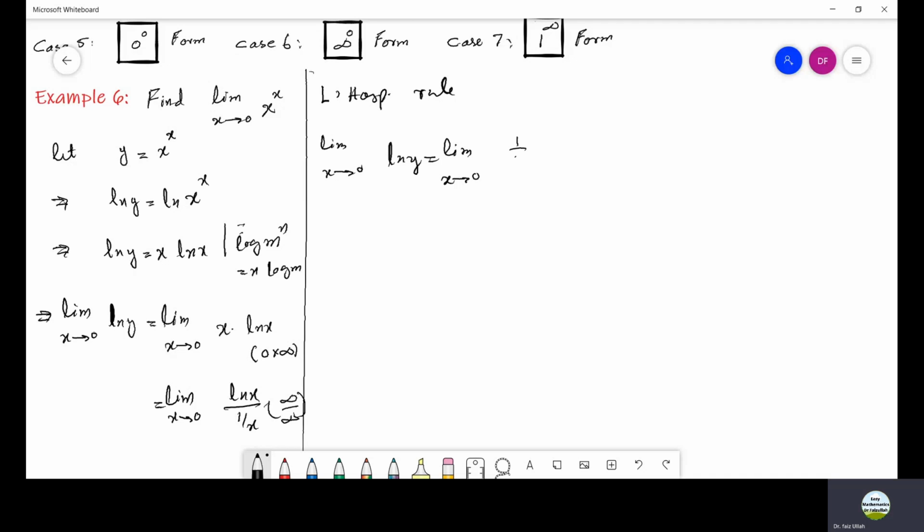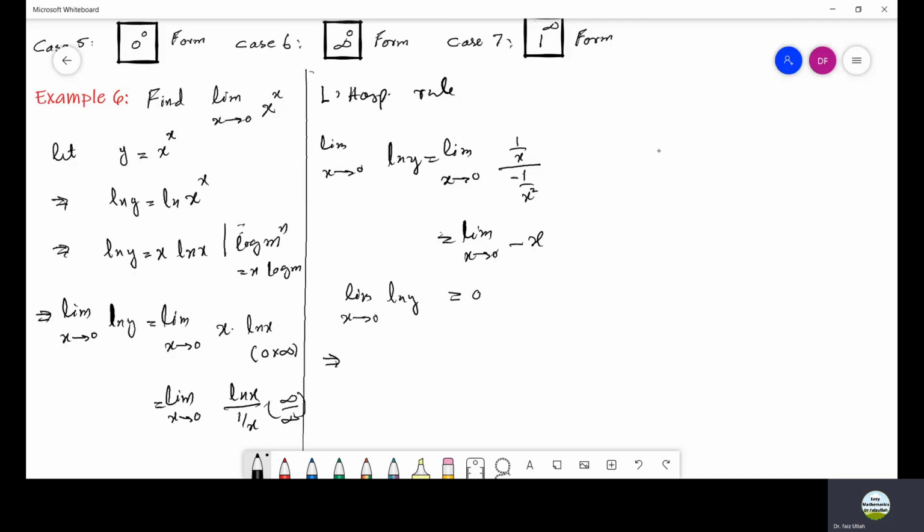Differentiation of log x is 1 over x and differentiation of 1 over x is minus 1 over x square. And if we simplify this, we get minus x. If we plug in x is equal to 0, we have 0. So limit x approaches to 0, ln y is equal to 0.